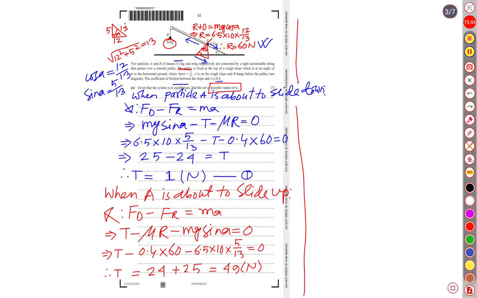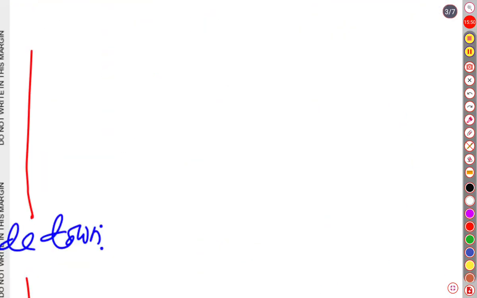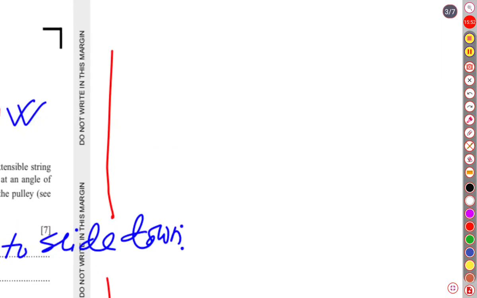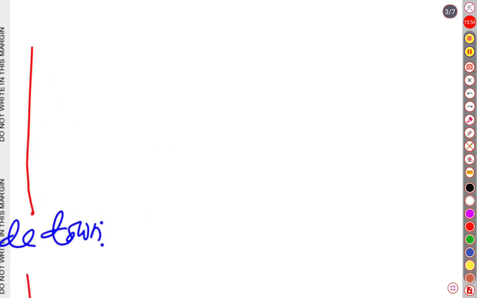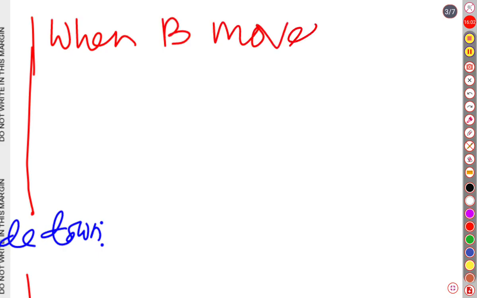Now, when B moves up or down, it's all about B now. You may get confused about why it should be up and down, but it's the same scenario.